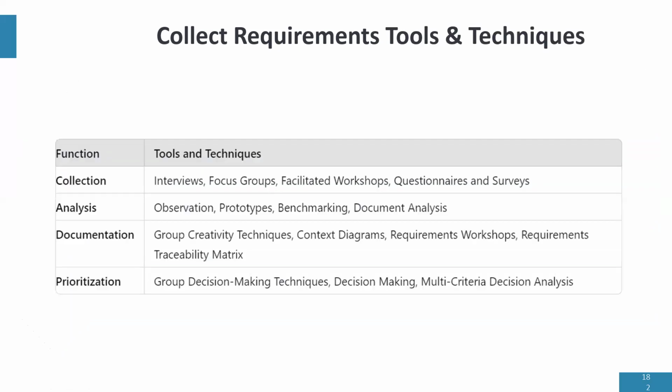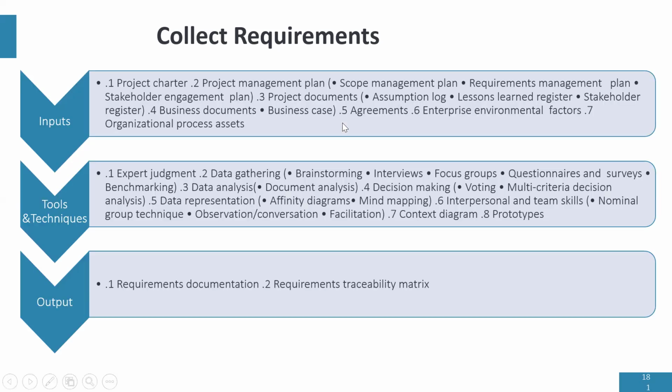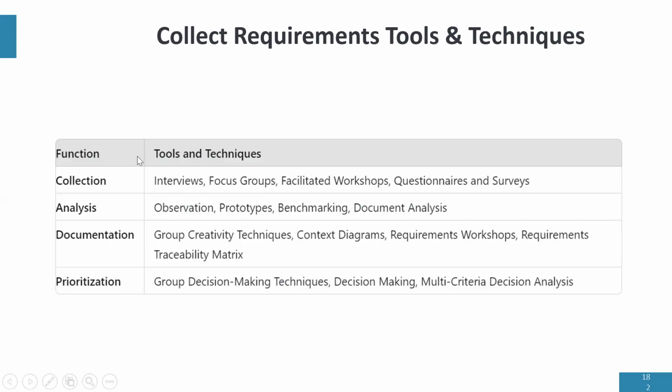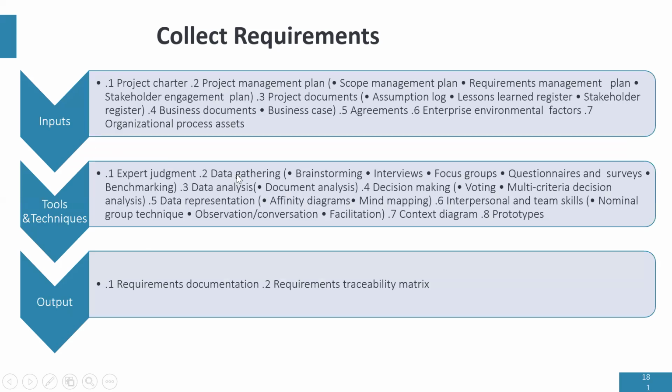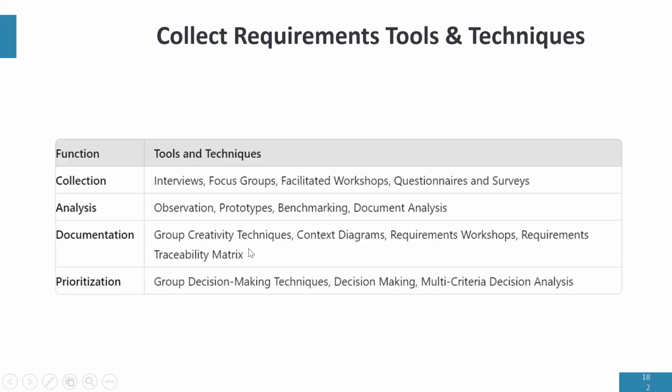If you look at the tools and techniques we have here, I did some analysis and was able to group them in the form of the business analysis process. Remember, the definition of business analysis is collection, analysis, documentation, and prioritization of requirements. The same tools and techniques that we went through in a lumped-up form can be better organized here.